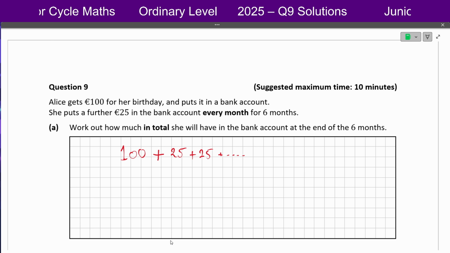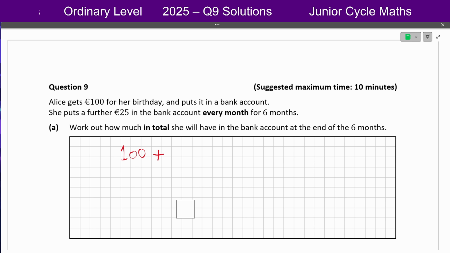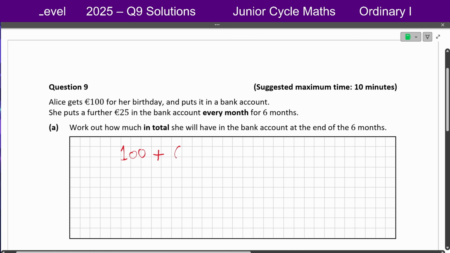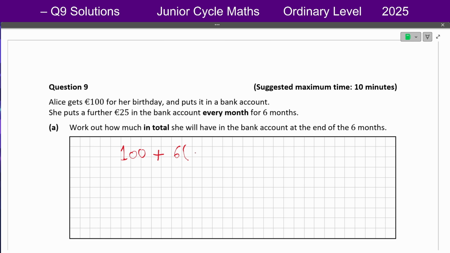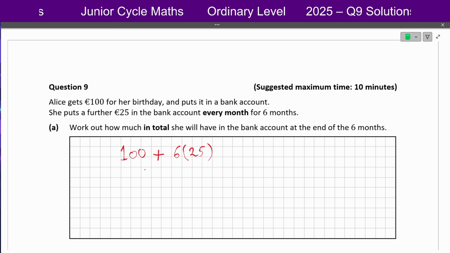So what we can do is simplify the operation. We just say 100 plus the number of months, which is 6, times 25. That gives me an answer.